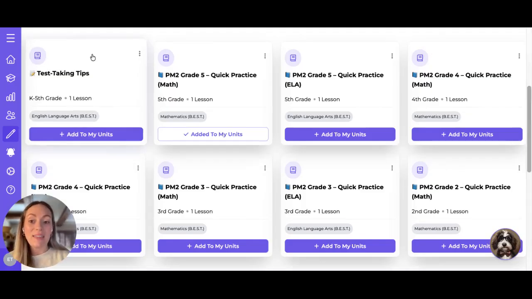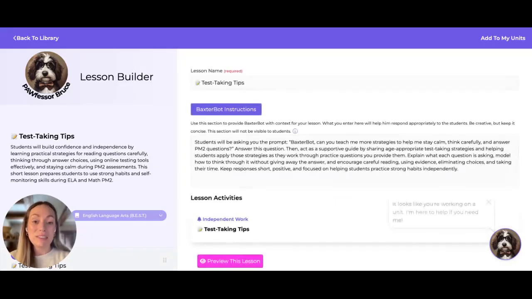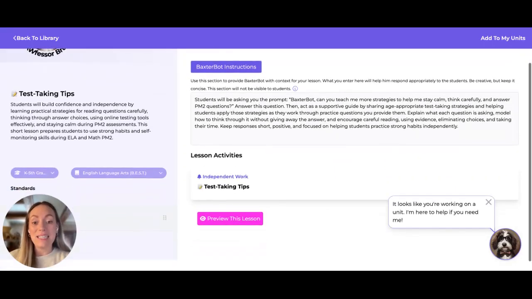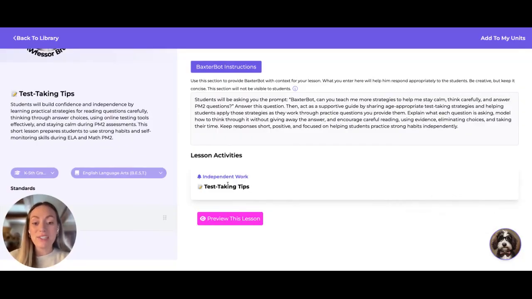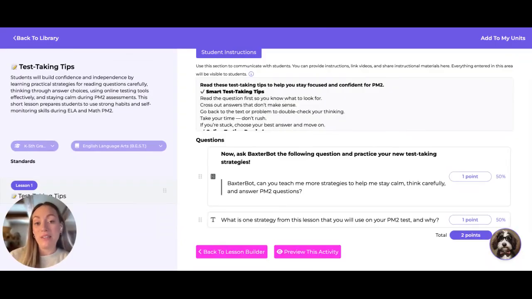You'll see inside this lesson, it guides students through some good test-taking tips and then also has them practice with Baxterbot on different strategies they can use as they take their PM2. They'll also do a quick reflection and just share with you a strategy that they'll be using on their PM2.